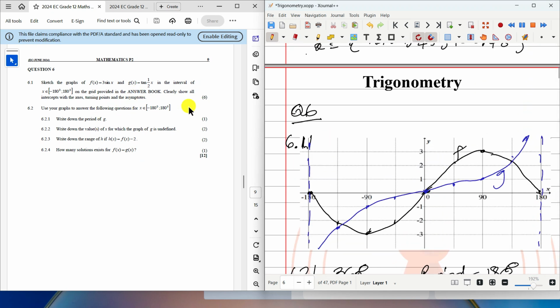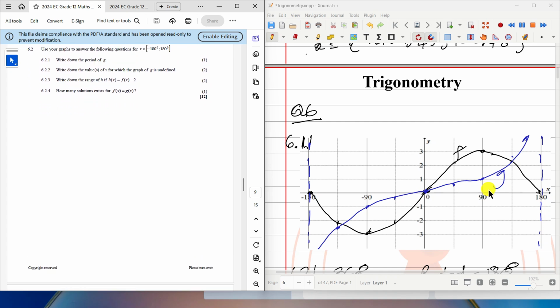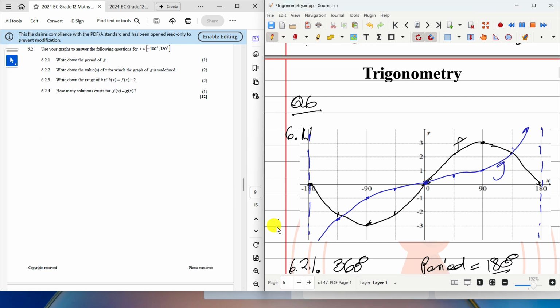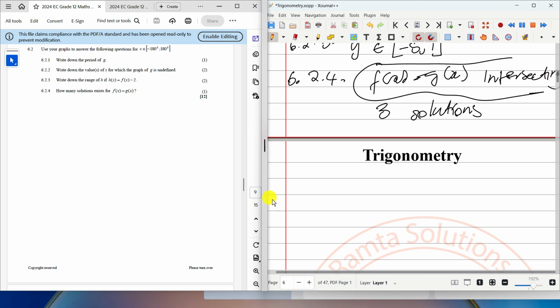So in the domain, remember everything is asked for this domain. There are 3 solutions that exist for this graph in this domain. Okay, there are 3 solutions or 3 intersections.